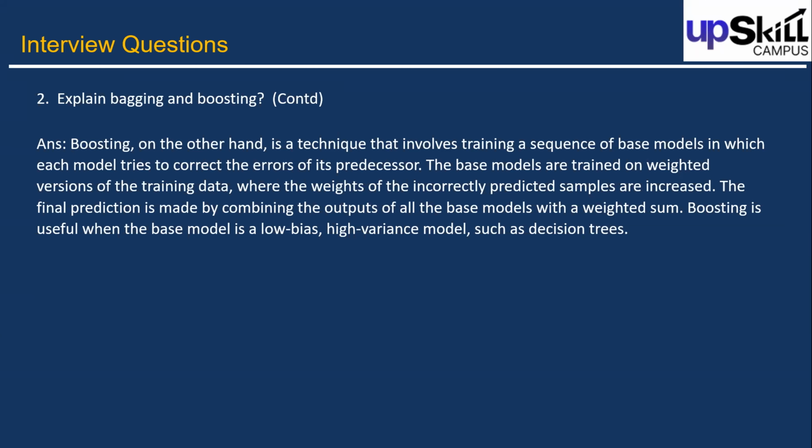And like this, the weights of the remaining 30%, 20% are increased so that the next models give it more attention, and thus you have a complete good model. Boosting is useful when the base model has low bias and high variance.